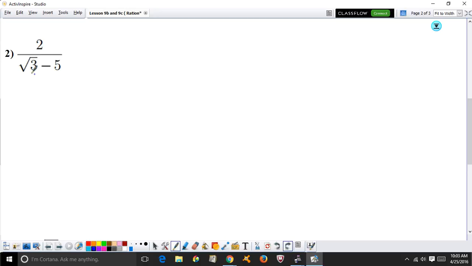When you have two terms, we don't multiply top and bottom by just the square root that you want to get rid of. We multiply by the conjugate of the denominator. What is the conjugate of the denominator? Again, it's square root 3, and then you change the sign. Instead of a minus, it's a plus. Top and bottom, square root 3.